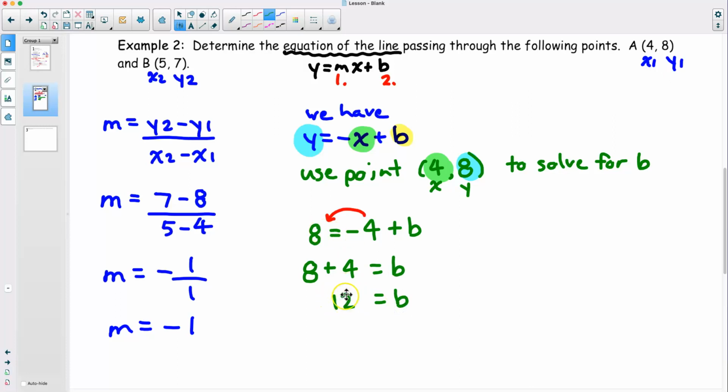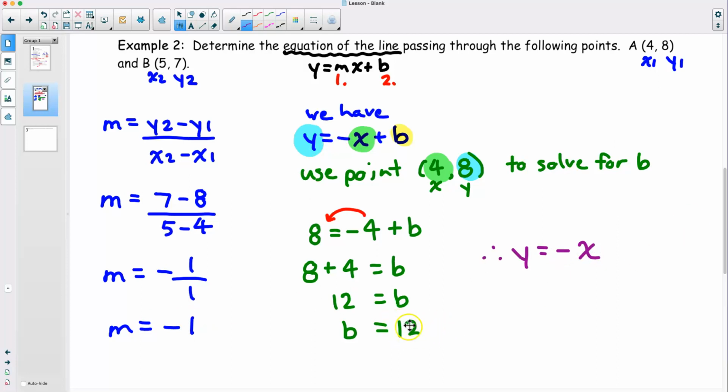And always for proper form in mathematics, you write your variable first and your number second. So now that we found this b value, we're going to put this information together to create our final equation. So therefore, our equation of our line of interest is this: minus x because of our minus 1 slope.